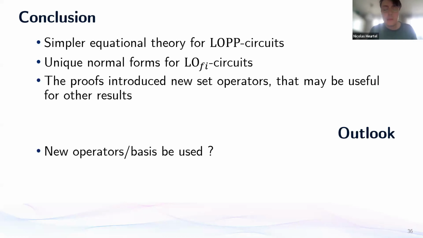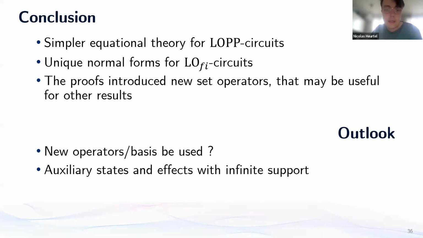Obviously, for the outlook, one thing to look at is whether we can use those operators for other things, just as tools for a proof. Can we use the delta basis, for instance, as it has a threshold property, to synthesize circuits, to find circuits?